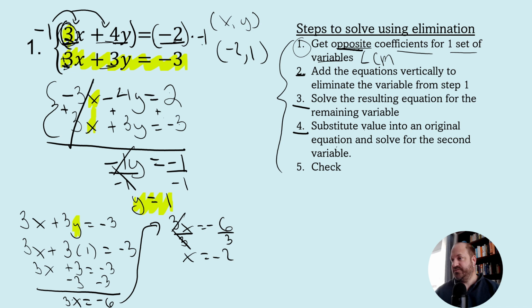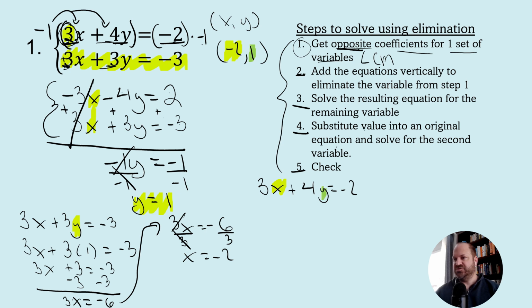Our last step, let's check. In our top equation, taking the original top equation, 3x plus 4y equals -2. Our x value is -2. Our y value is 1.